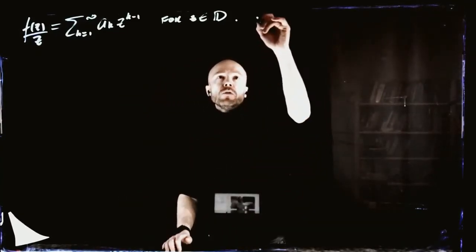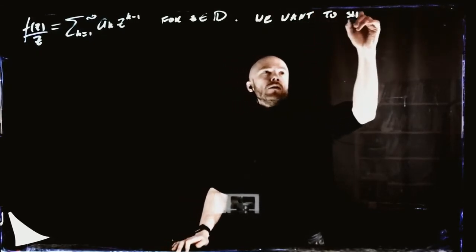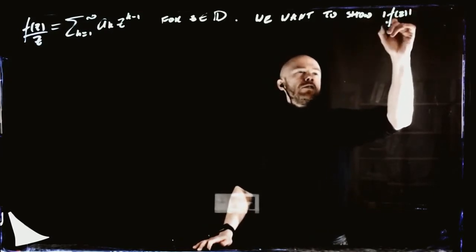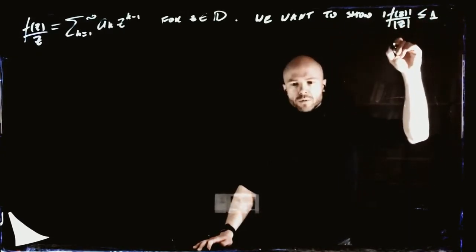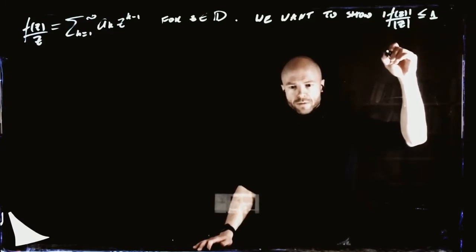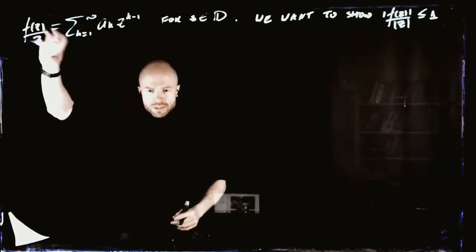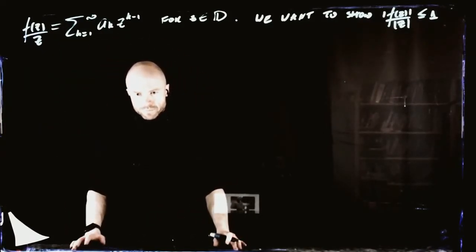What we want is to show that the modulus of f of z over z is less than or equal to 1 all the time. That's the same as saying that the image of this guy is going to be contained inside the unit ball.